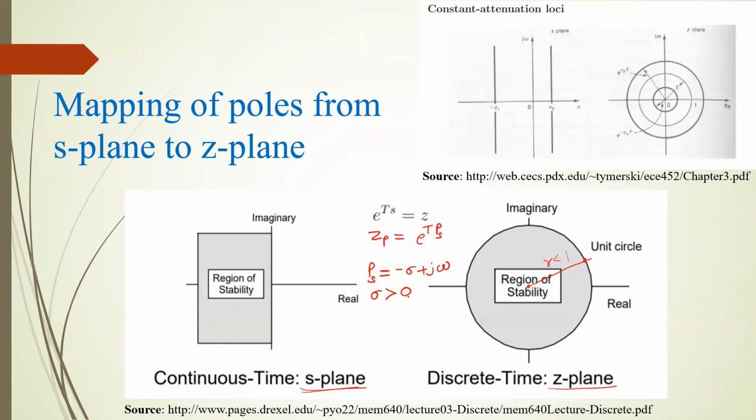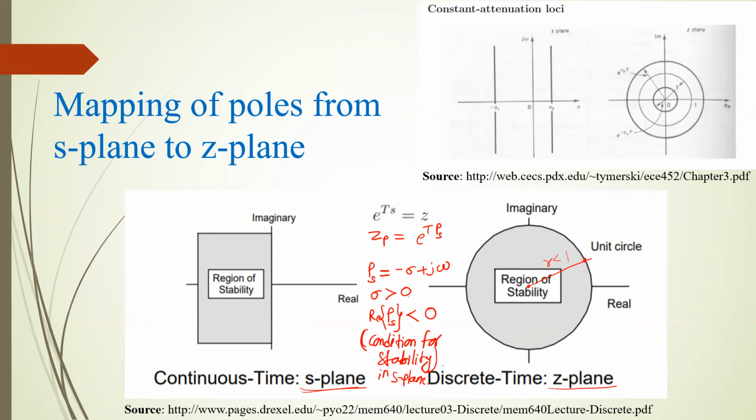Since sigma is greater than 0, the real component of the pole in the S domain is always negative, and this is our condition for stability in the S plane.